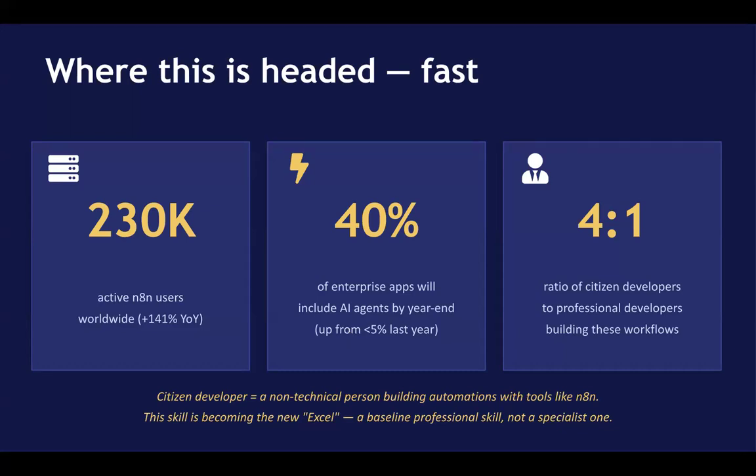The ratio of citizen developers, meaning non-technical people who build automations using N8N and don't know how to code, is approaching 4 to 1. So even if you don't code, this is a very essential skill to know in today's life.